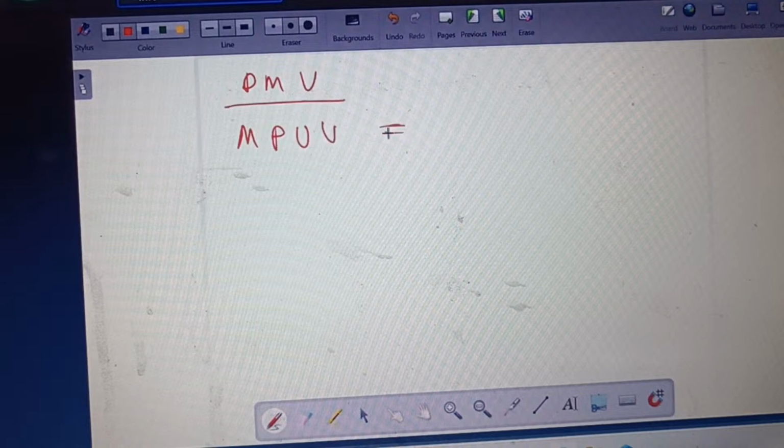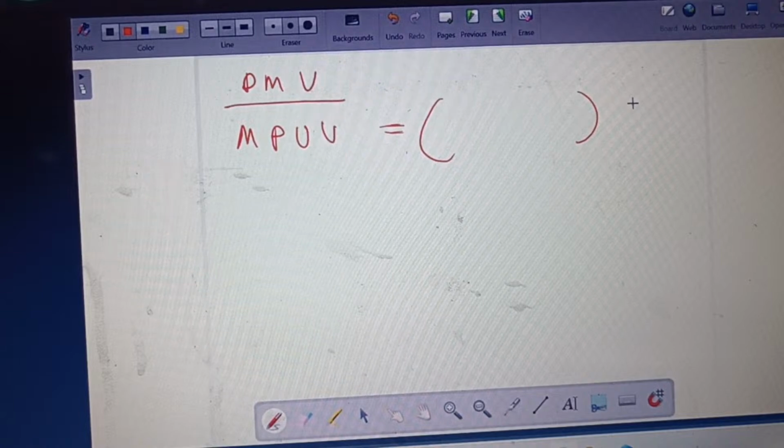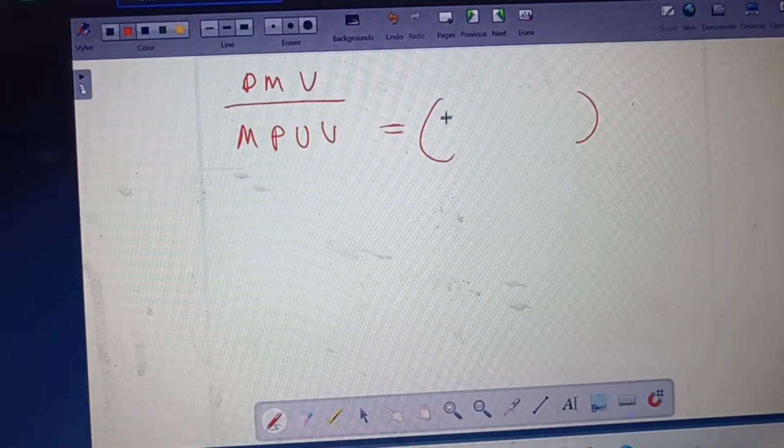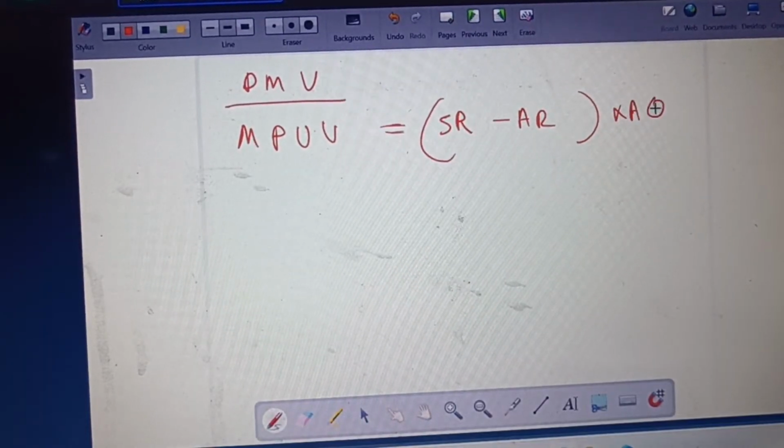The formula is: standard price or standard rate minus actual rate, multiplied by actual quantity used in production.